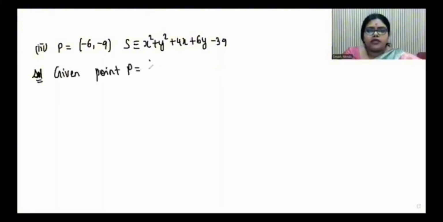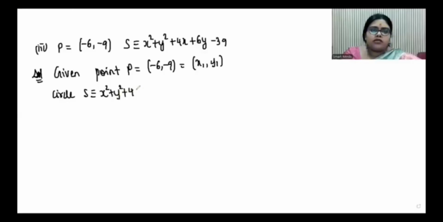Given point P is (-6, -9), that is x1, y1. And what is the circle equation? Circle S is x² + y² + 4x + 6y - 39 = 0.